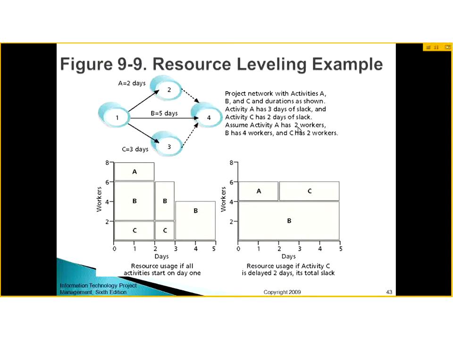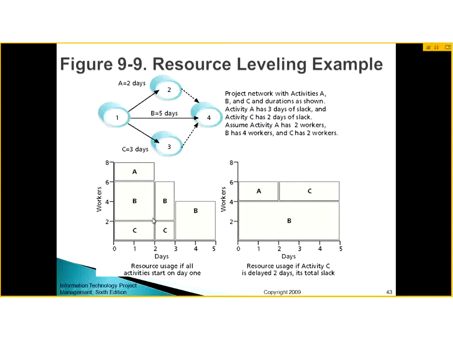Now, activity A requires 2 workers, B has 4 workers, and C has 2 workers. The initial assignment was like this. If they all started work on day 1, 2 workers were required for C, 4 workers for B, and 2 workers for A. So initially, you required a total of 8 workers.